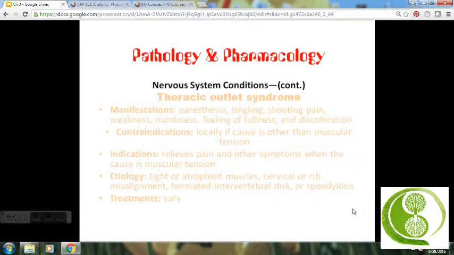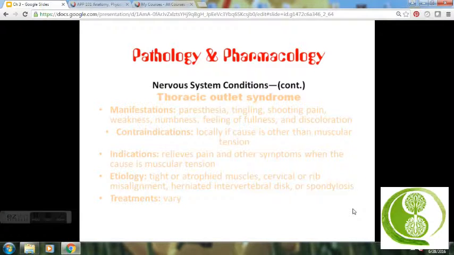Sometimes thoracic outlet syndrome can be caused from the clavicle, because remember we talked about the nerve plexus running underneath the clavicle, between the clavicle and the first rib. Sometimes that can actually cause compression on that nerve.